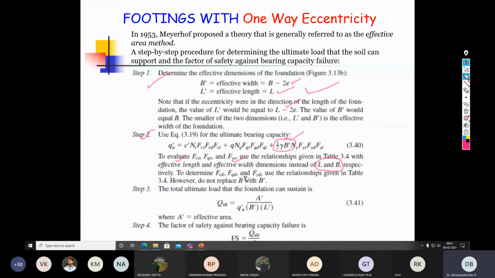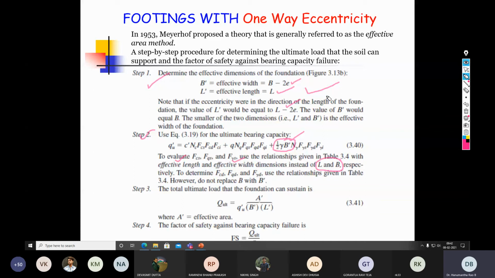Do not use effective width or effective length. The third important observation is in the ultimate bearing capacity equation, in the third term, that is the self weight term, replace B with B dash. These are the three important observations you must remember.